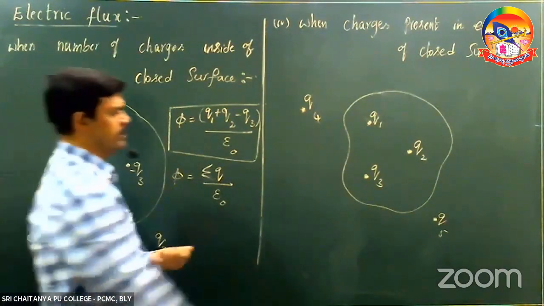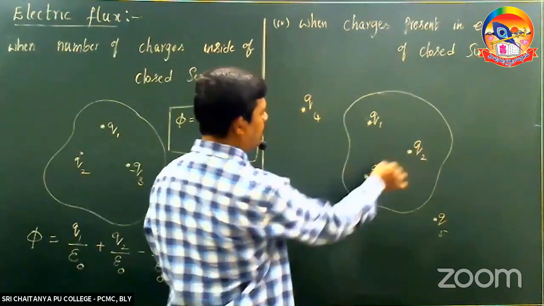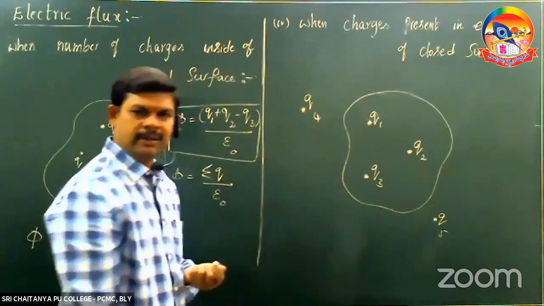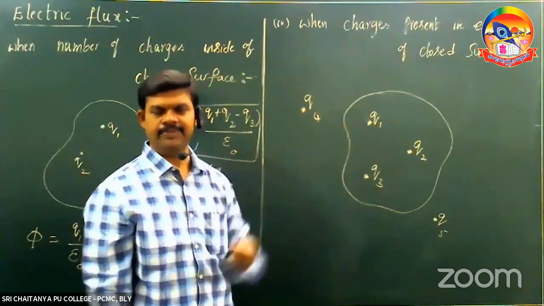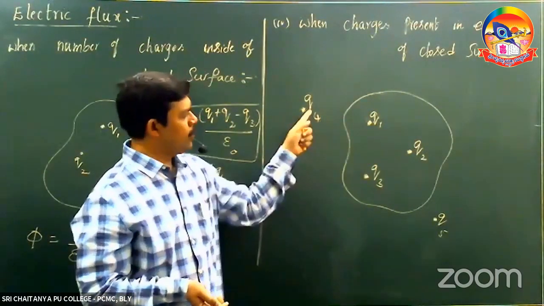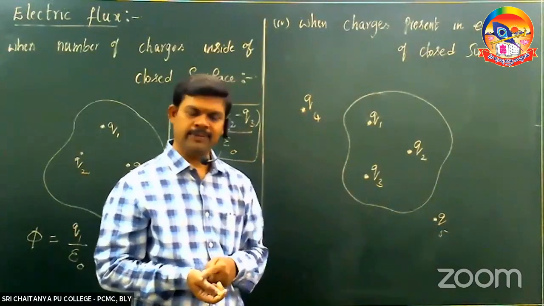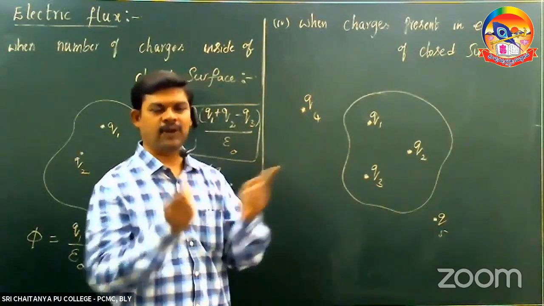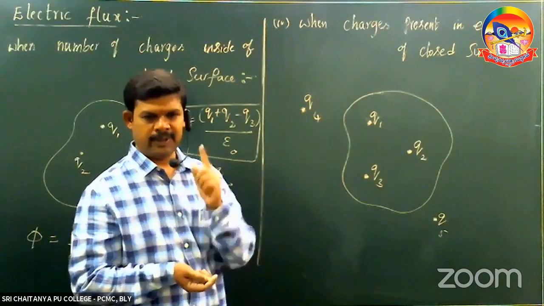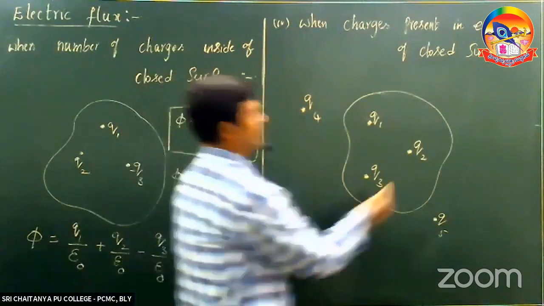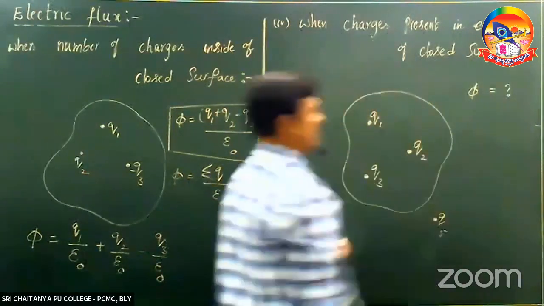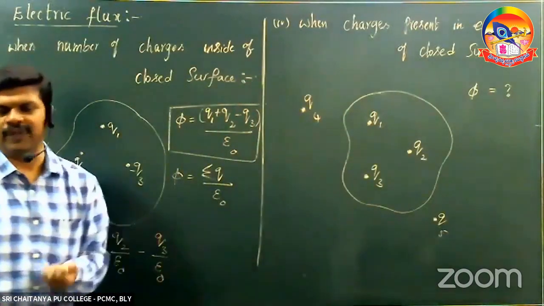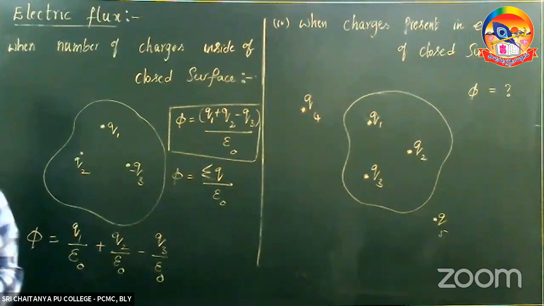If you observe, Q1, Q2, Q3 are present inside the closed surface. Q4 and Q5 are outside the closed surface. The question is asking, what is the total flux linked with the surface?